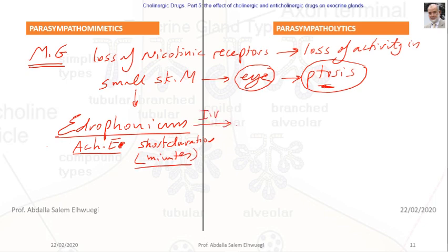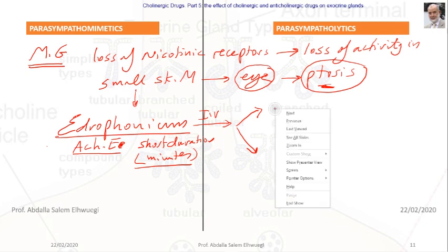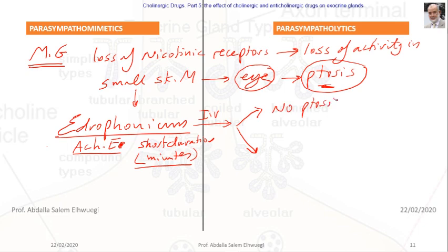So what will happen? Either immediately there is improvement and the ptosis will disappear, no ptosis. In this case, this is the diagnosis of myasthenia gravis. Why?